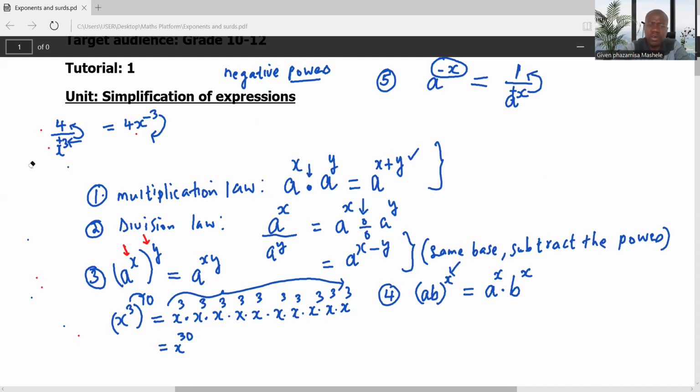Okay, I'll just do one example. Let's say we have x to the power minus 7, or x to the exponent minus 7.